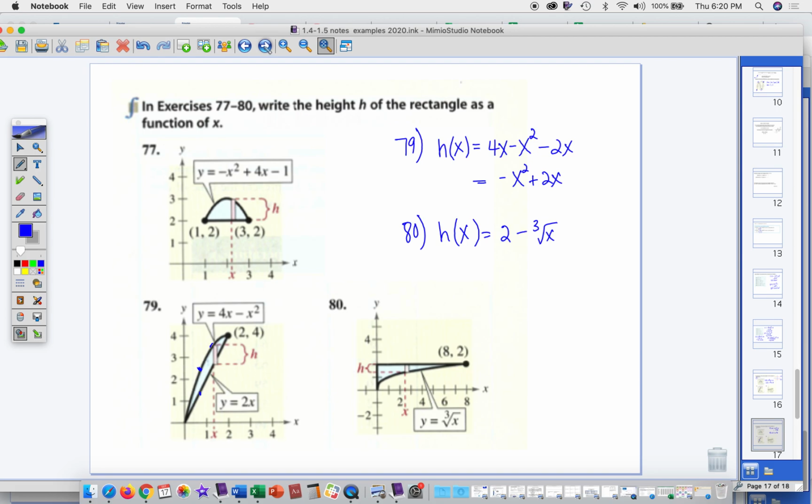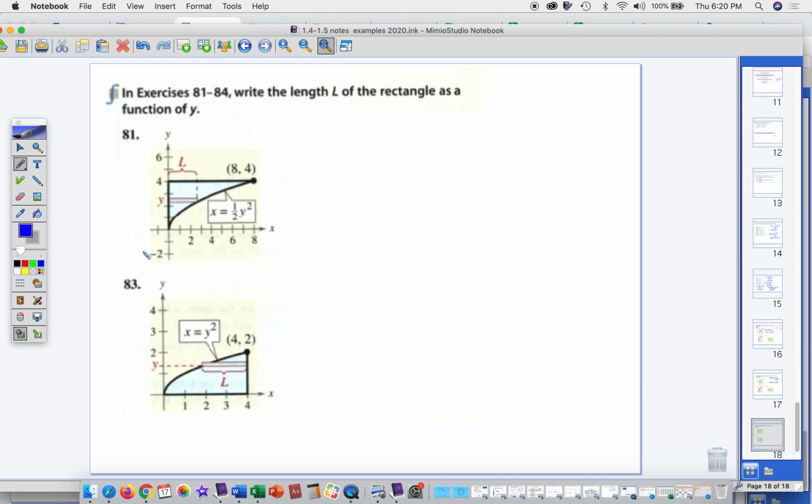Now, the book also gives you some problems where we look at the length where the boundary is in this direction. So now we want to take the function, well, I guess we could call it a function of y. This is the boundary that's furthest to the right, and the rectangle on the other end is bounded by the y-axis.